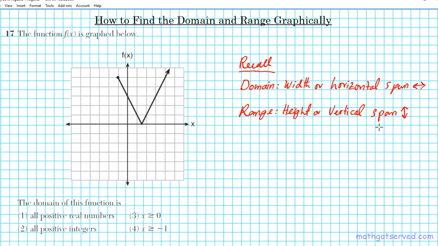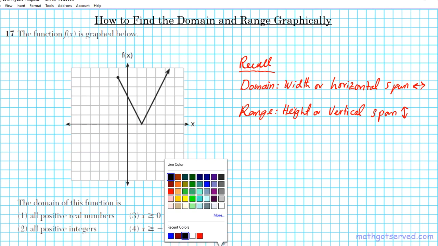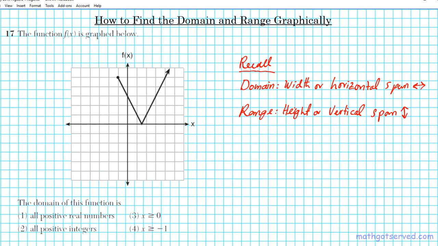If you think about projection, think about shadows. If a shadow is cast on the ground or on the wall, how wide is the shadow or how tall is the shadow? That's basically what we are talking about here. In this particular problem, we're asked to find the domain. So let's figure out what that is, and then I will show you what the range is so you can see the difference between both of them.